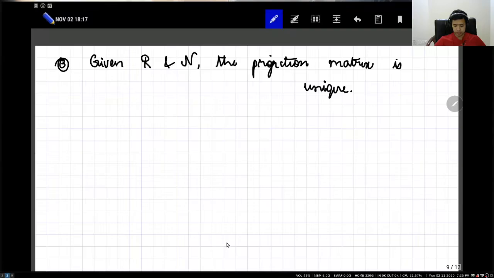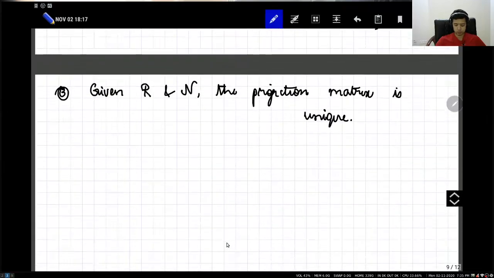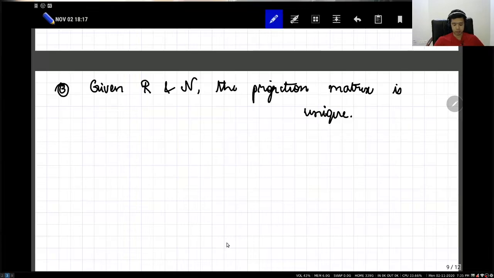Another very interesting property: suppose we're given two subspaces R and N, where R represents the range of a particular transformation and N represents its null space, and they satisfy the property that Rn is equal to the direct sum of calligraphic R and calligraphic N. Then, if the linear transformation is a projection matrix, it is unique.